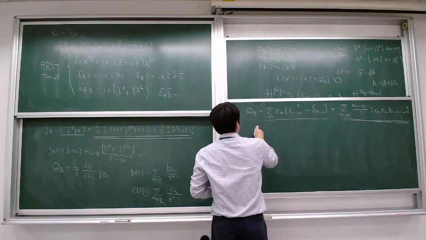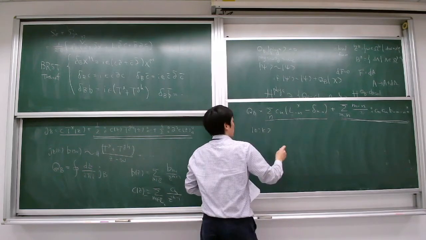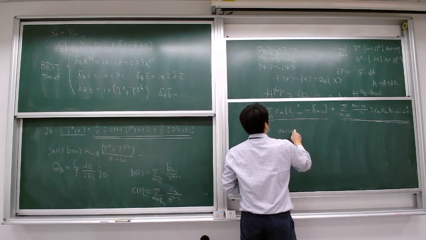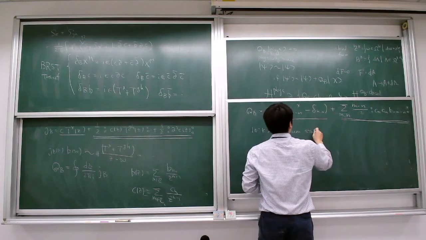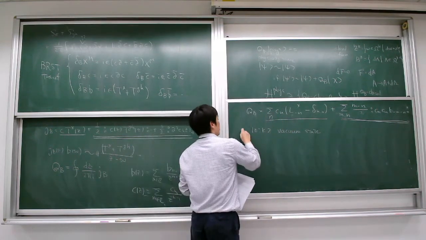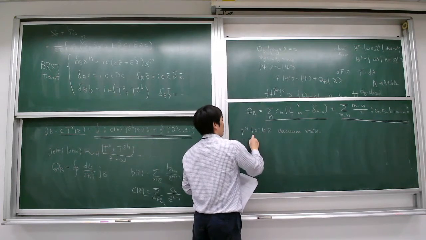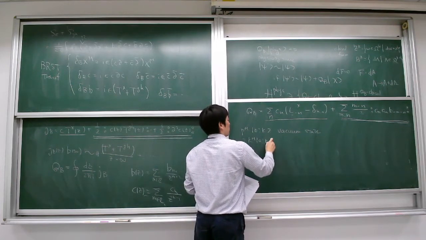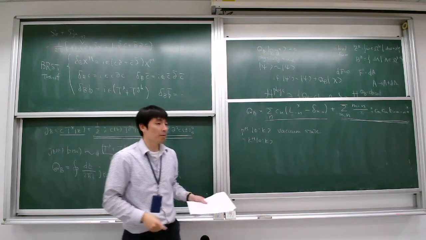So in the previous bosonic case, this is the vacuum state. Once you act with P mu, you get K mu. So this is the vacuum state. But now we have b and c.